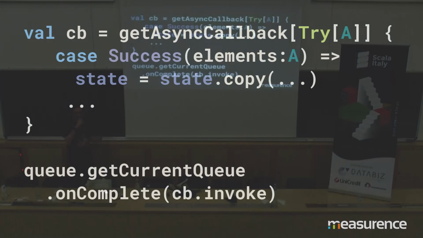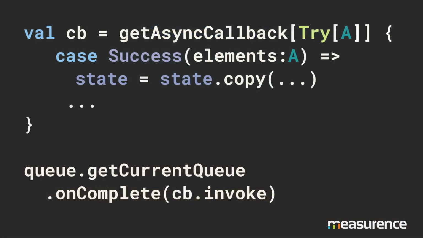A particularity of the stages is that, like the actors, each stage is always run on a single thread, meaning that you'll never have two pieces of the same stage running at once. For this reason, if you need to run something after a future is resolved, you can't use directly the callback, because the callback of the future will be run on a different thread and you don't have any control on that.